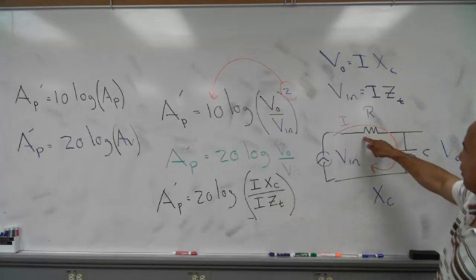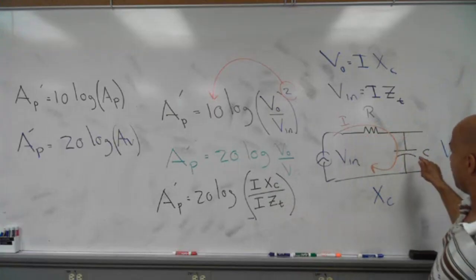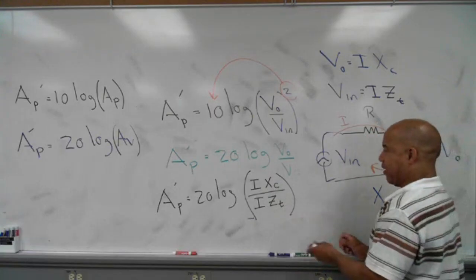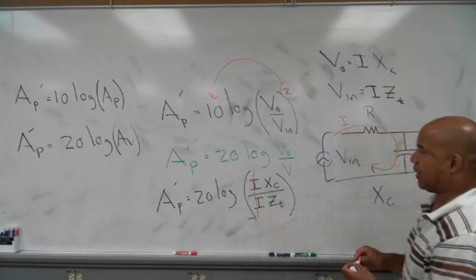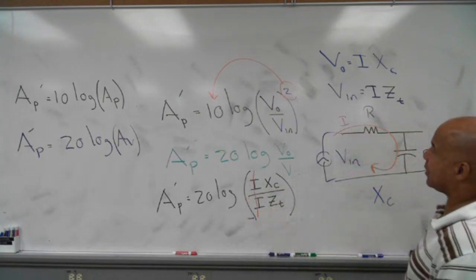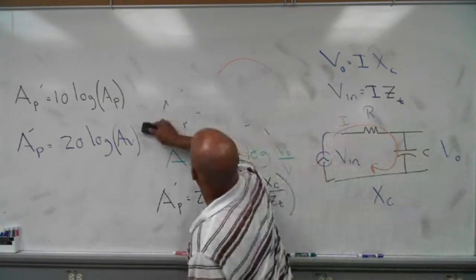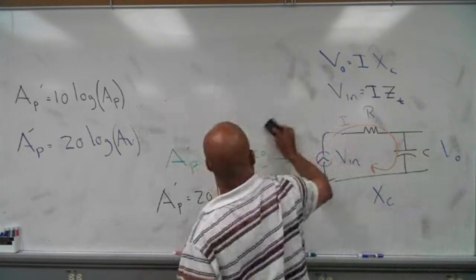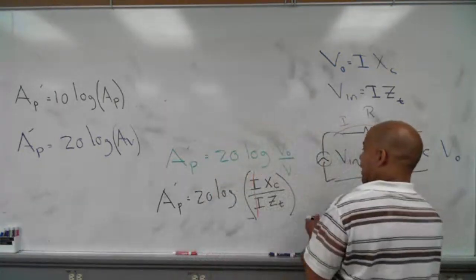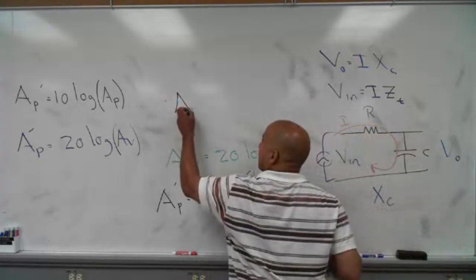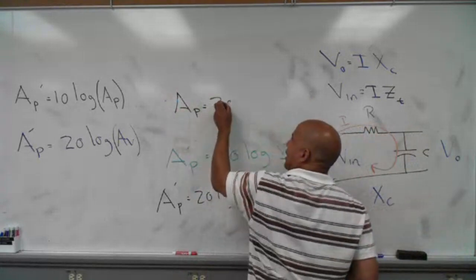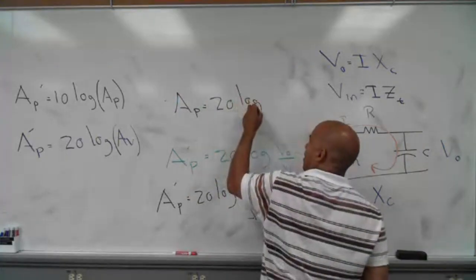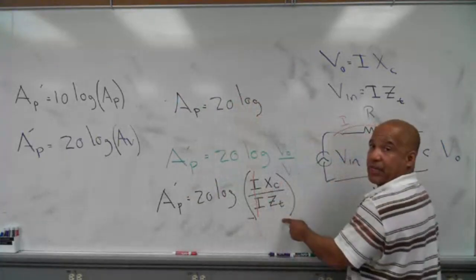Since I have the common current through ZT and through XC, these I's are going to cancel out. And so what I end up with is another formula. Look at this one. This is nice. I end up with another way to get the power gain that says it's equal to 20 log XC over ZT.